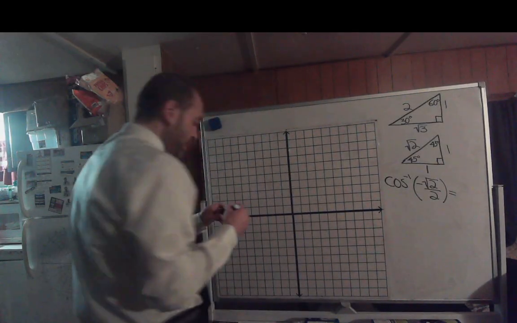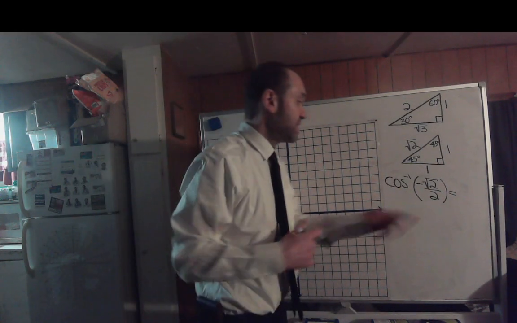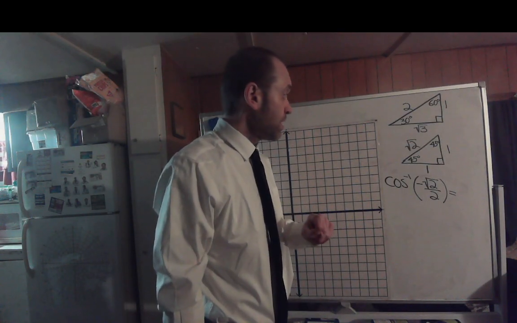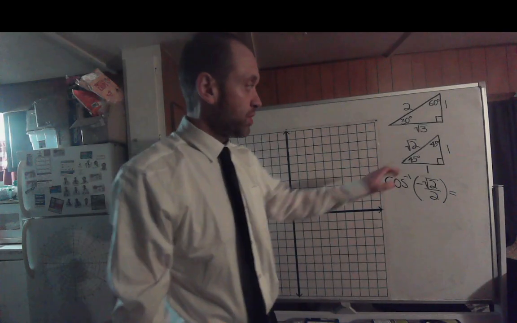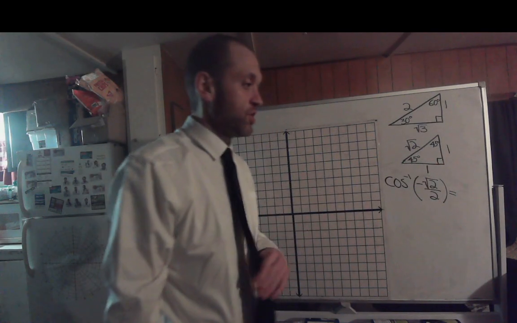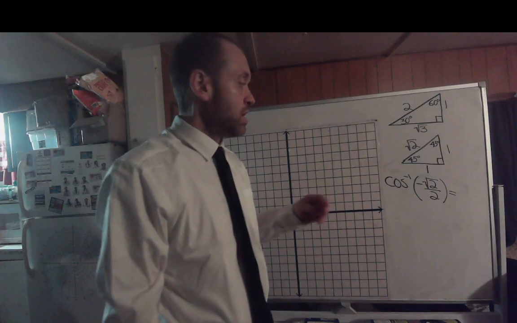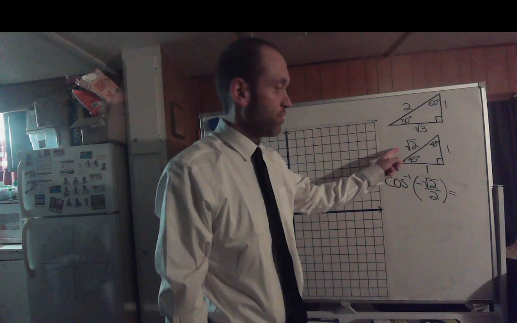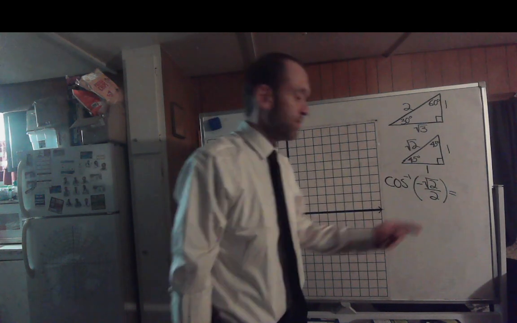All right, so now let's see, we're going to find the cosine inverse of negative square root of 2 over 2. So what angle gives you a cosine of the negative square root of 2 over 2? Well, if you look at your 45, 45, 90 right triangle, the cosine of 45 is 1 over the square root of 2, which is the square root of 2 over 2.